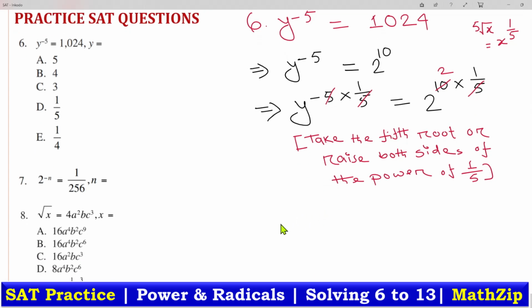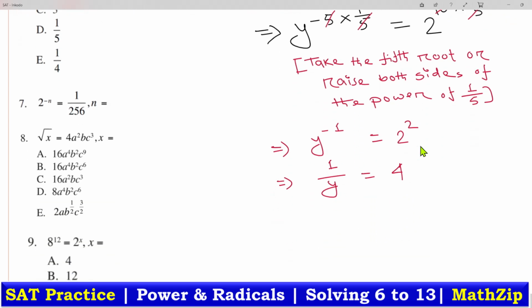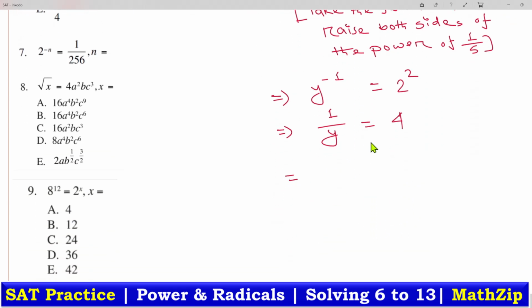Now what is the answer? y to the power minus 1 equals 2 squared. It means 1 by y equals 4, and for a simpler form we can write 4y equals 1.